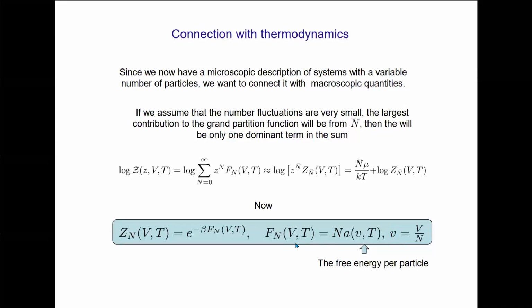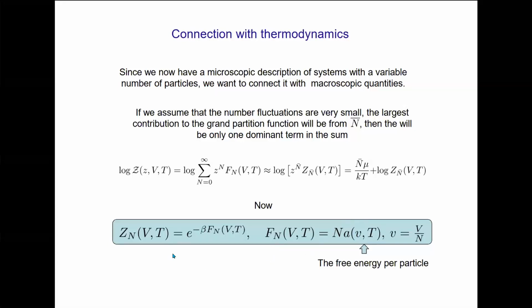So we expect that the free energy of the system should scale like this when N grows: proportional to the average number of particles times the free energy per particle, depending on two quantities, little v and T.